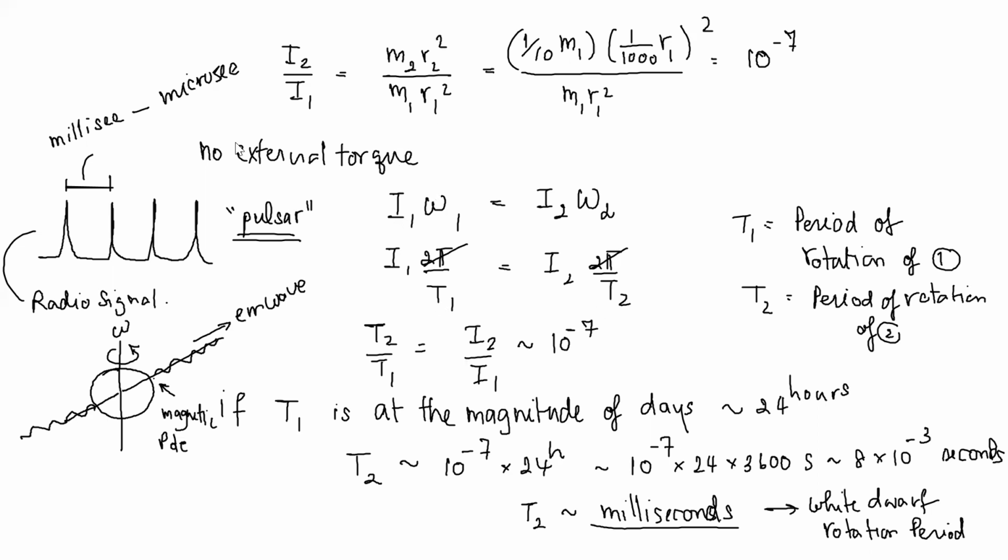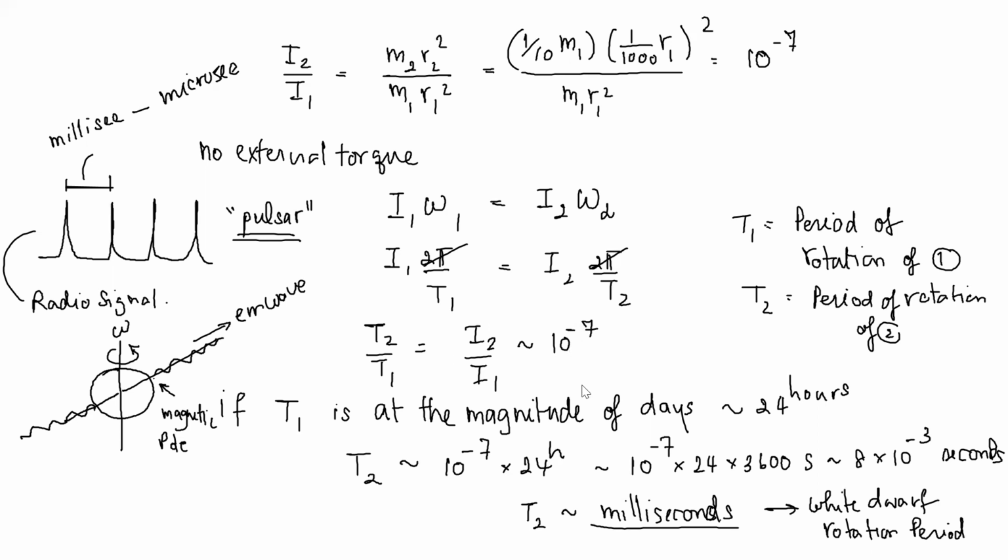So using the conservation of angular momentum, I1 omega 1 equals I2 omega 2, where omega is 2 pi over the period, T1 and T2, and we see that T2 over T1 is I2 over I1, which is approximately 10 to the minus 7.